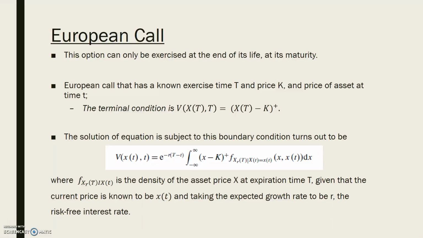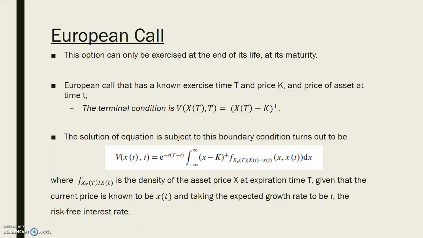The solution of the equation subject to the boundary condition turns out to be the equation below: V of X(t), t is equal to e to the negative r(T minus t) times the integral of (X minus K) f_{X(T)}(x | X(t)) dx, from negative infinity to infinity.